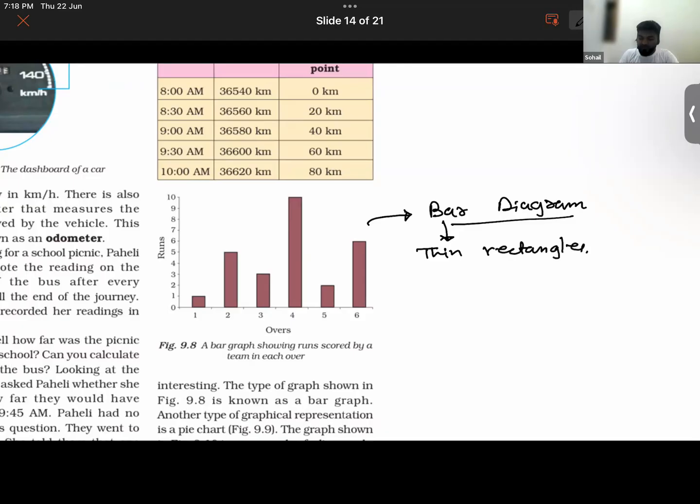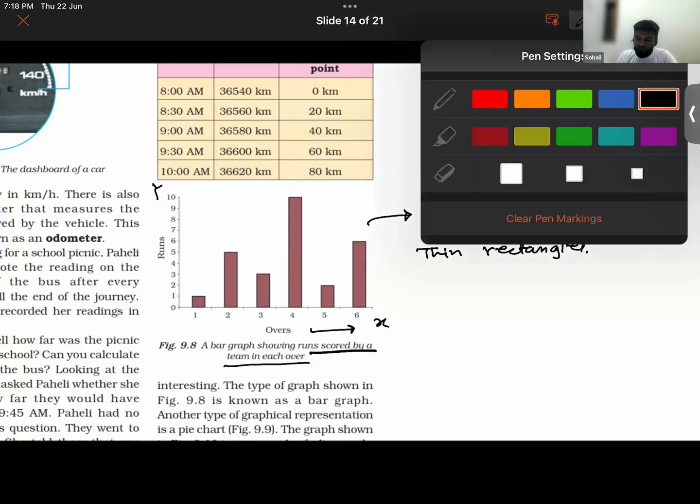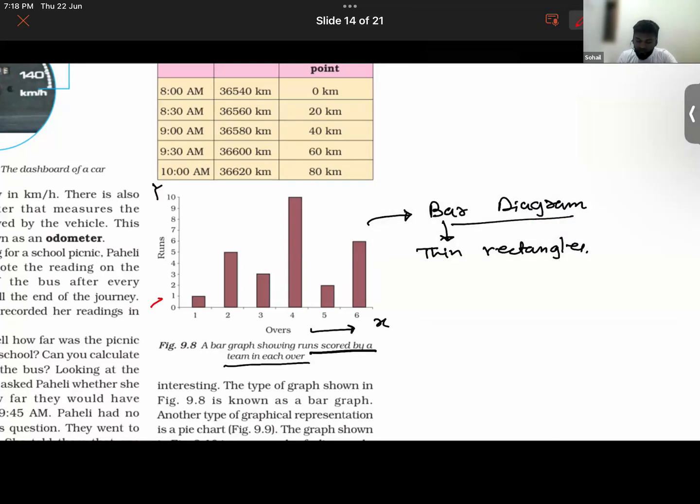Okay, now let's try to study this figure here. This is a bar graph showing runs scored by a team in each over. Overs are given on the x-axis here, and on the y-axis, runs are given. For the first over, how many runs were scored? We can see it was 1, because this bar corresponds to 1.